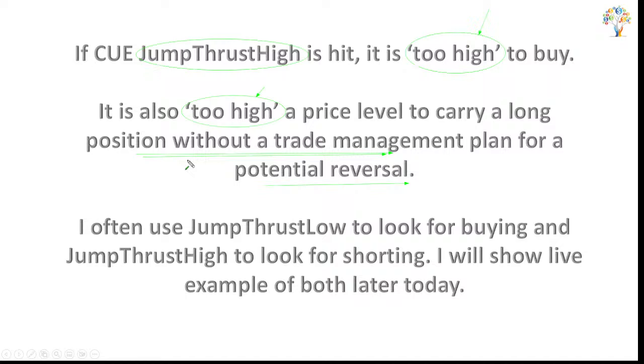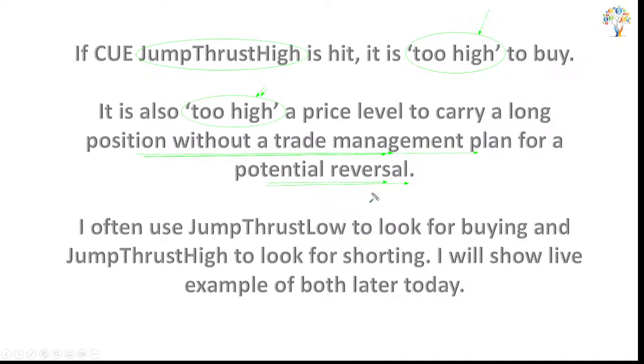But must is too strong a word in trading. We may, if we want. I hesitate to use the word must, but I always do that. If I have a long position and it is hitting jump thrust high, it is too high a price level for me to hold the trade without a management plan in place for potential reversal.